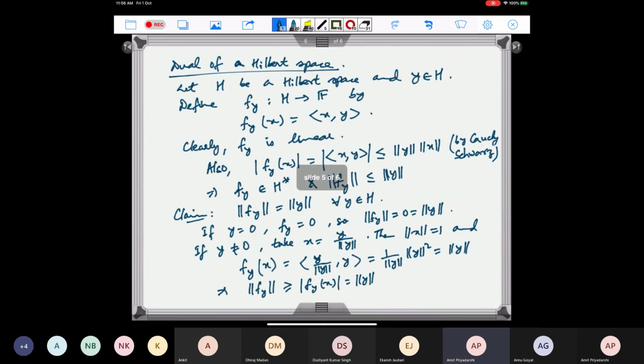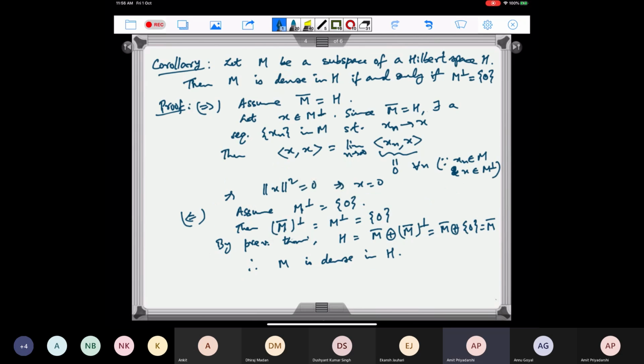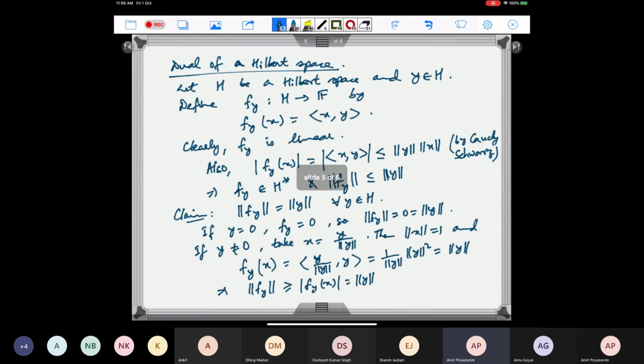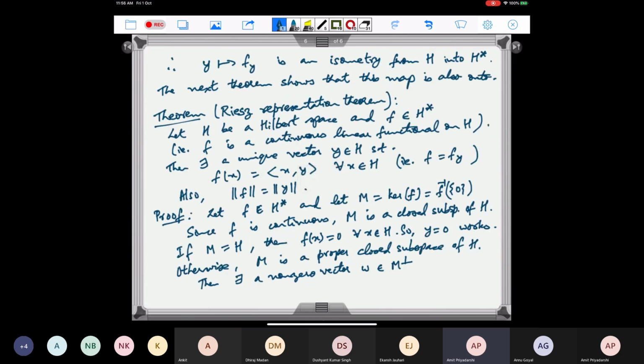Right, because we have seen the previous corollary that if M perp is equal to 0, then M is dense in H. So if M perp is 0, then M will be equal to H. So if it is a proper subspace, then there exists. So this is by previous corollary.